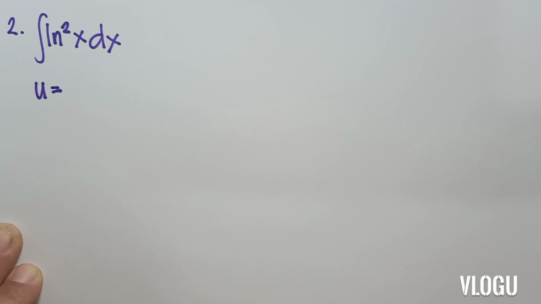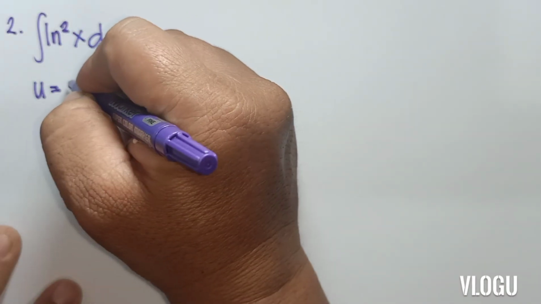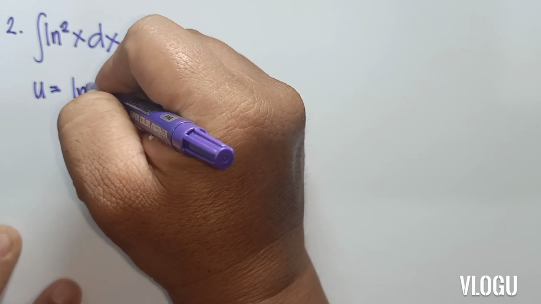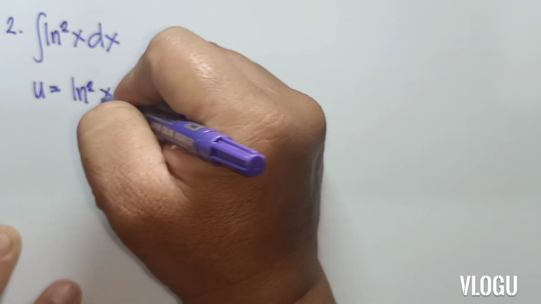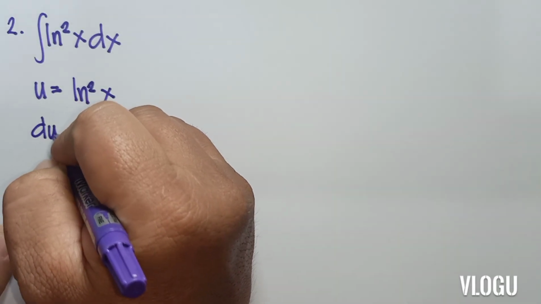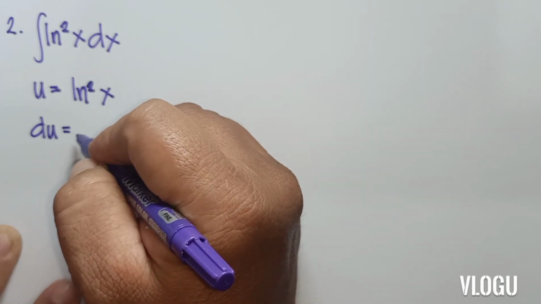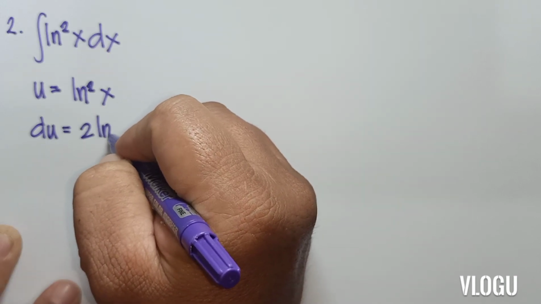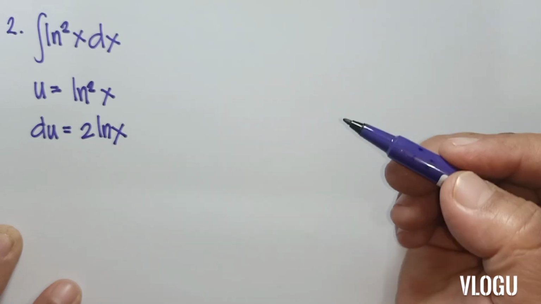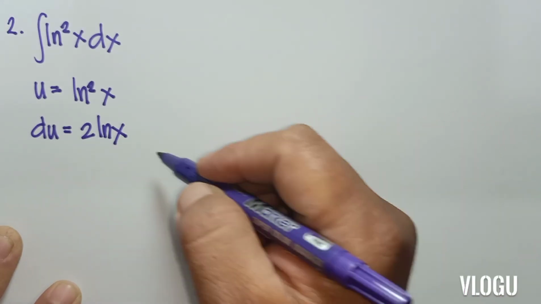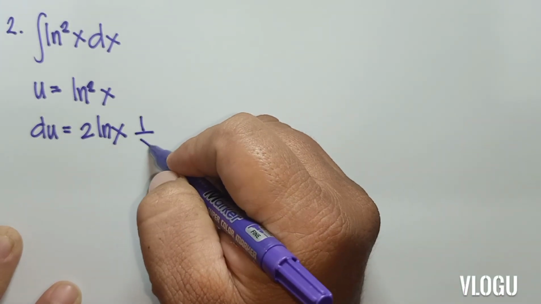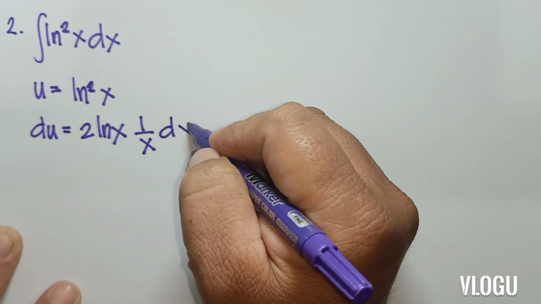Okay, example number 2, the integral of ln squared x dx. In this given, u is equal to ln squared x. The derivative of u is 2 ln x, the derivative without the exponent, times 1 over x dx.